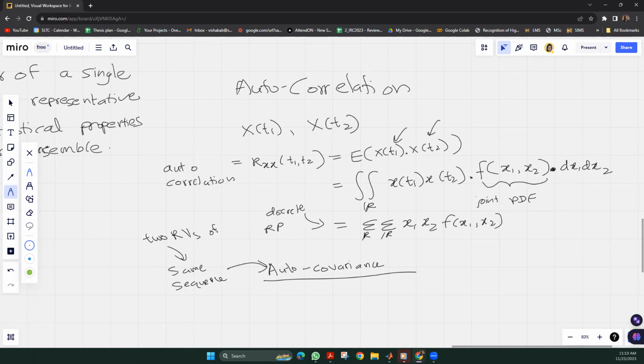Autocovariance is denoted using this equation. We will denote the covariance as either COV or CX.